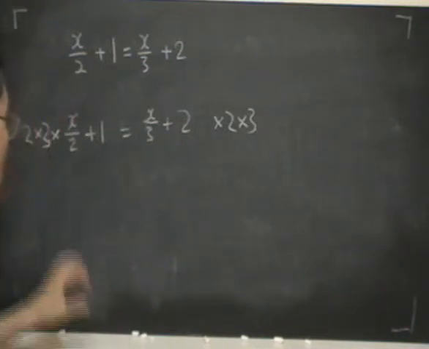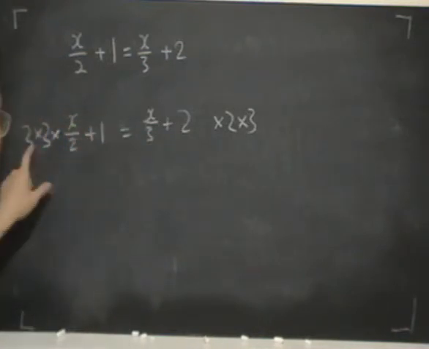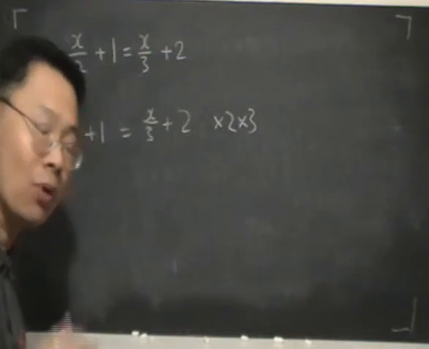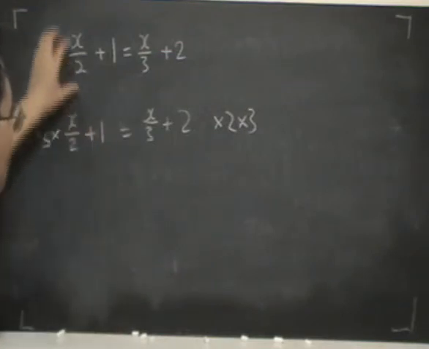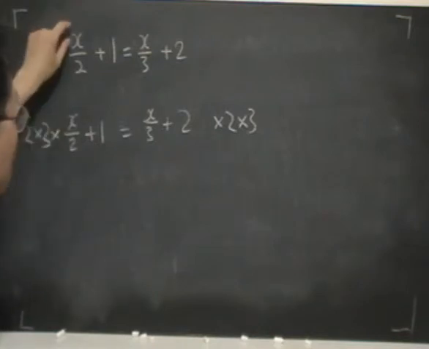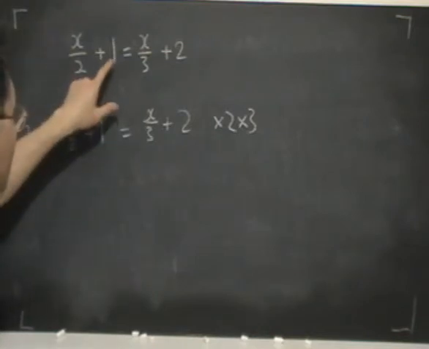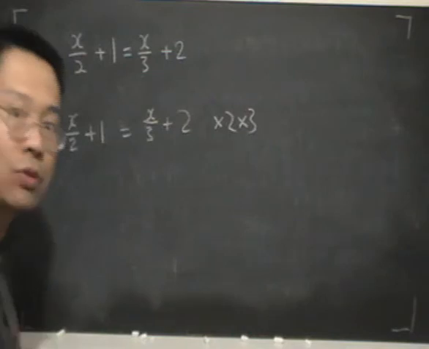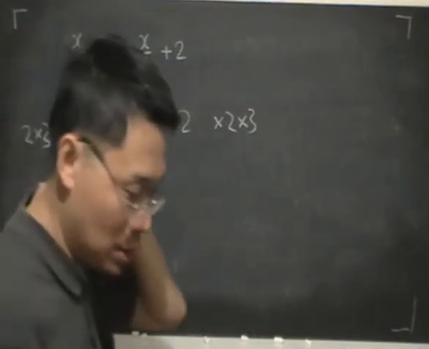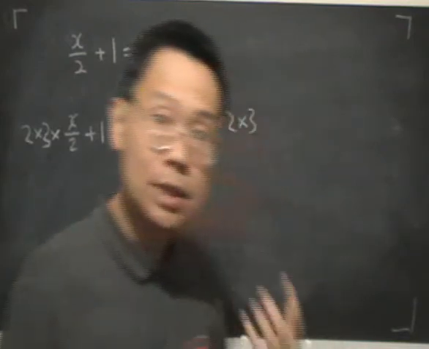So you see the difference. The way I've written it is like I must multiply 2 and 3 by x over 2 first before I add the 1. But in the original expression, I must add 1 to x over 2 first before I multiply by 2 and 3. Now the answer will be different.